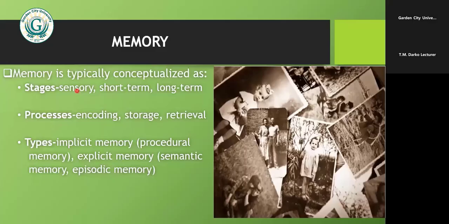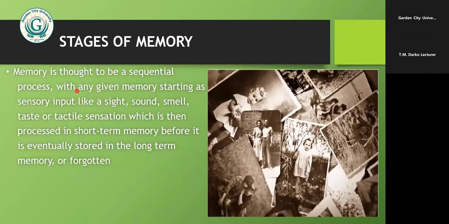It will be deleted. Does it make sense? But when you continuously rehearse, it will now be stored in what we call long-term memory. Does it make sense? Yes, sir. Good. So let's look at the mechanism.